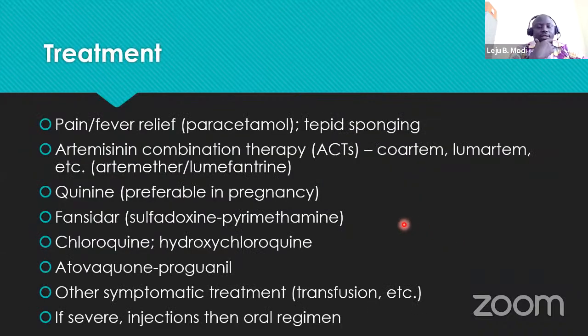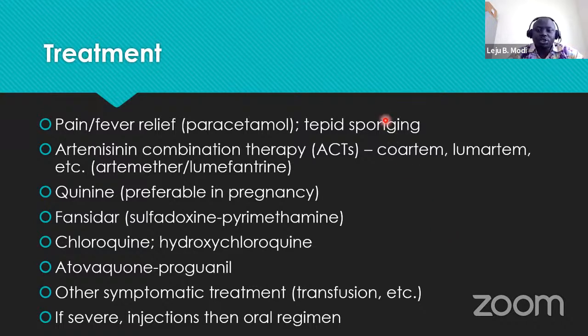Treatment for malaria is both supportive and also definitive. Supportive means if I have fever or headache, I should be given something like maybe paracetamol, Panadol, or whatever you want to call it, different brand names, to help with that.